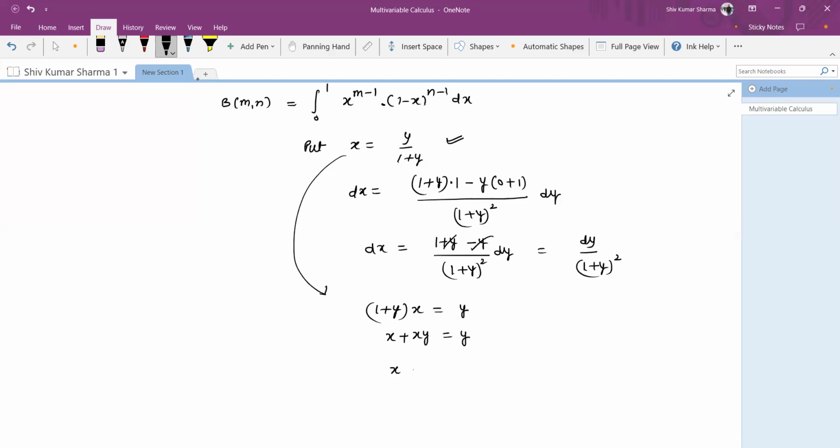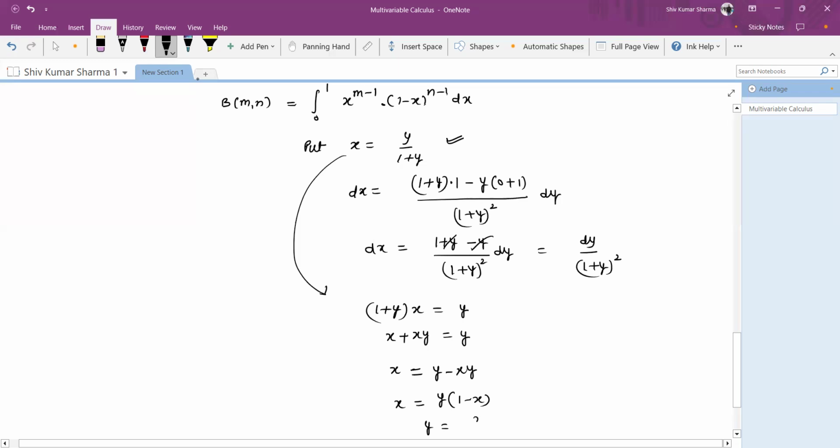So this can be written as x is equal to y minus xy. So x is equal to, we take y as common, so y times (1 minus x), and this gives us y equal to x upon 1 minus x.